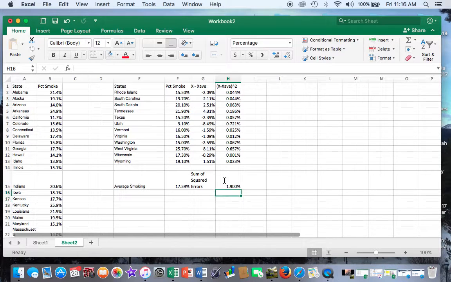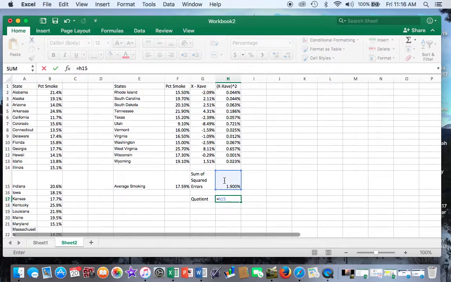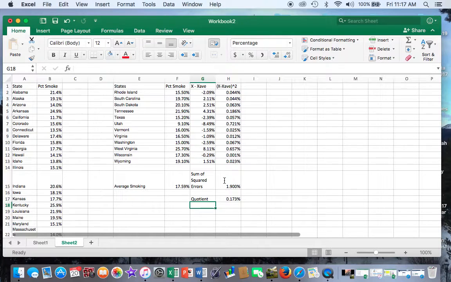The next thing I want to do is take the quotient of that for my sample. And that would be equal to H15 divided by 11. Remember, we have 12 observations, but in a sample we use n-1, and that gives me the quotient 0.173.